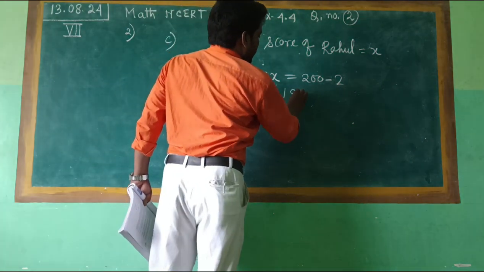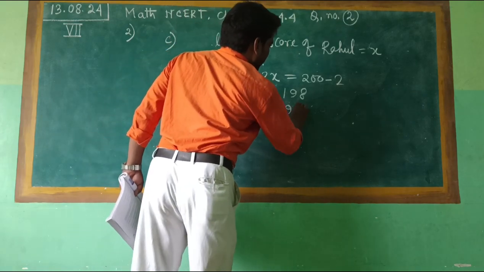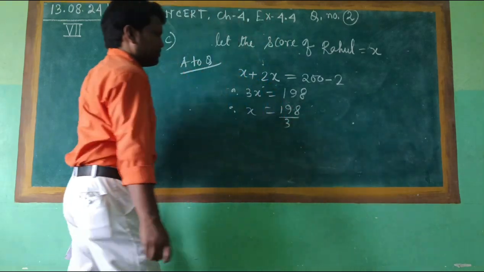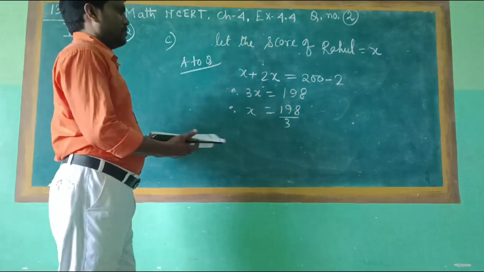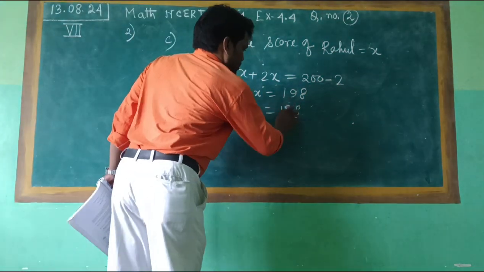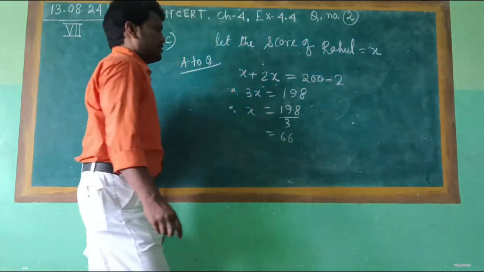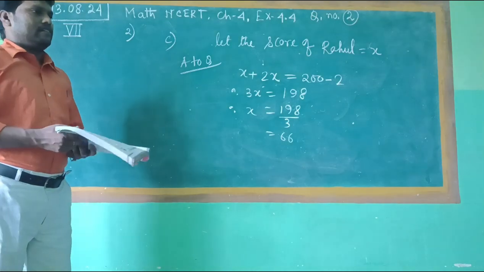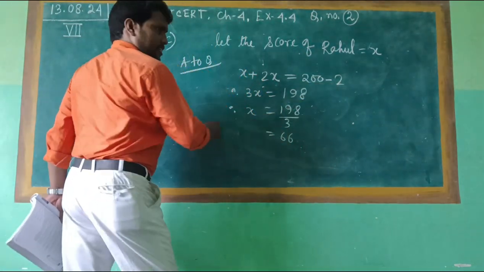3x equal to 198 or x equal to 198 divided by 3. 3 sixes are 18. So x is 66. So Rahul scored 66.